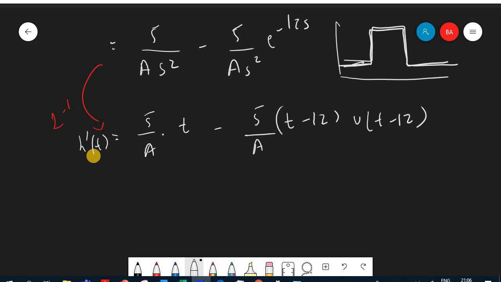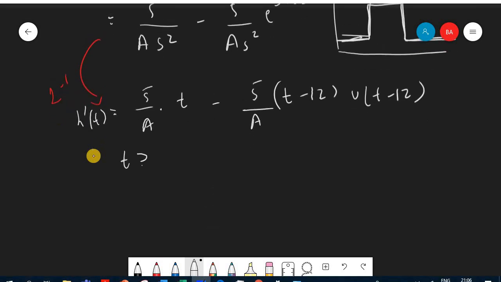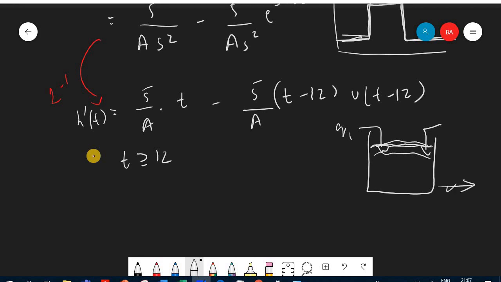Actually, this is tricky. So we know that at t equal to 12, which is t greater than or equal to 12, it will not be changing. Because if you change q1, this will increase, and as you go on the negative side of q1, this will not decrease because you are returning just to your condition, and because this is a pump, it will not be affected by any change in q1.